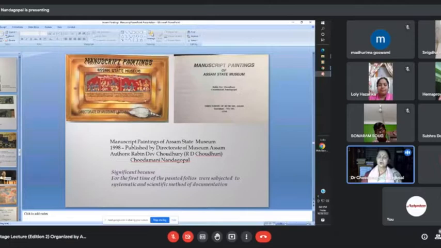So this is the book which was published in 1998. This is the first book in which, for the first time, the painted folios were subjected to a systematic and scientific method of documentation. Till then, these paintings were not documented. They were only collected, given an accession number and other things, and kept.